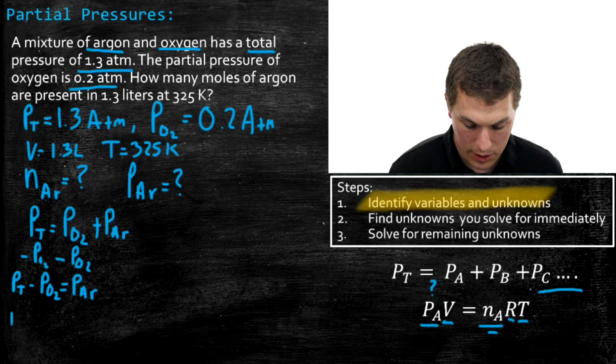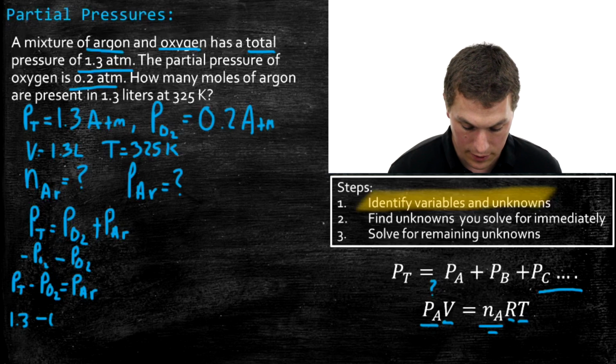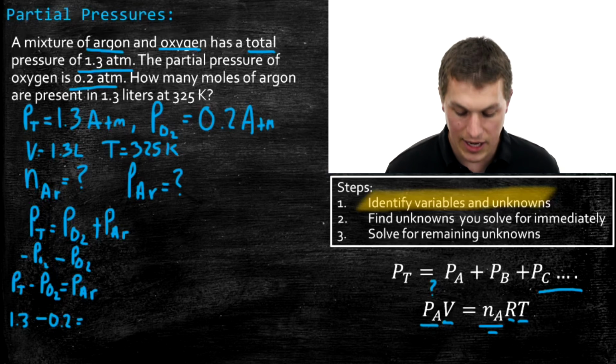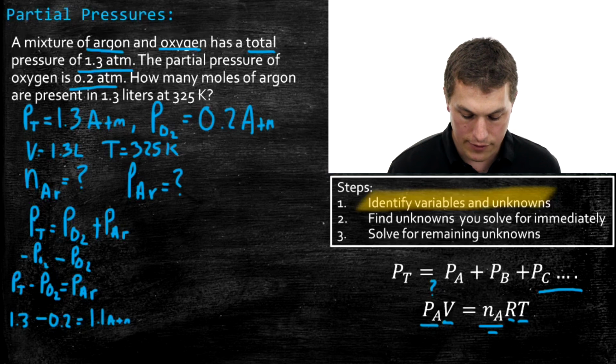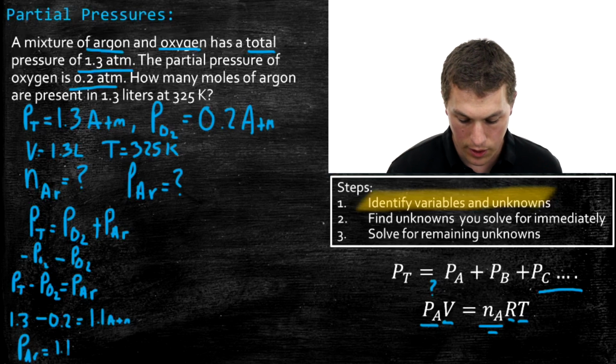And so then I plug in my pressure total, which is 1.3 atm, and I subtract my pressure from oxygen, which is 0.2 atm. And I'm going to get out my pressure from argon, or 1.1 atm. So now I've solved for my pressure from argon, and it's 1.1 atm.